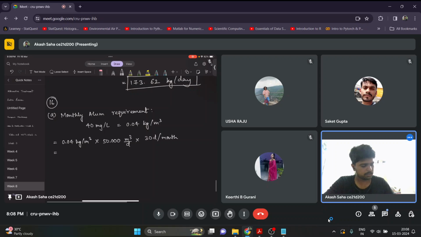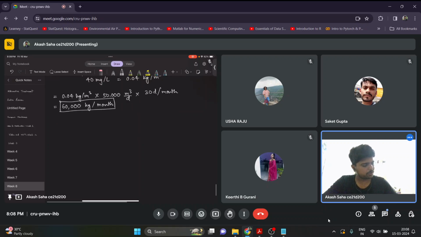So my monthly requirement will be 60,000 kg per month. So dosage into the discharge into the number of days in a month, we will get the monthly alum requirement. So this is my first part.